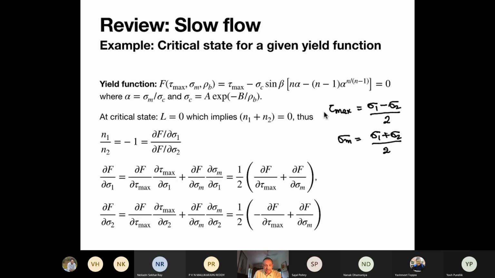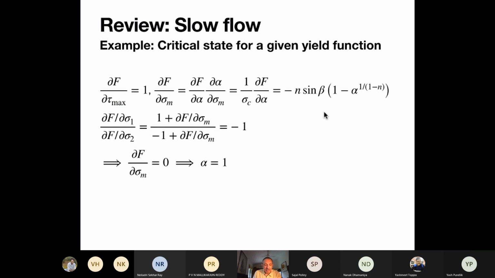If we write del f by del sigma 1 in terms of tau max and sigma m, through the chain rule you will get this. And then we know del sigma m by del sigma 1 is half, and del tau max by del sigma 1 is also half, so you get this. If you do it for sigma 2, you'll get again the same thing, but now this is -half, and this is half, so you get minus plus. And so the ratio of these two is equal to -1 at the critical state.